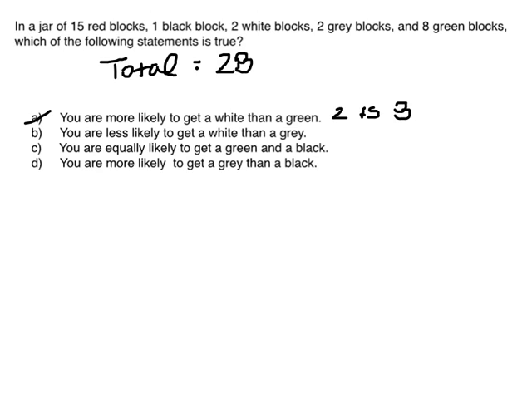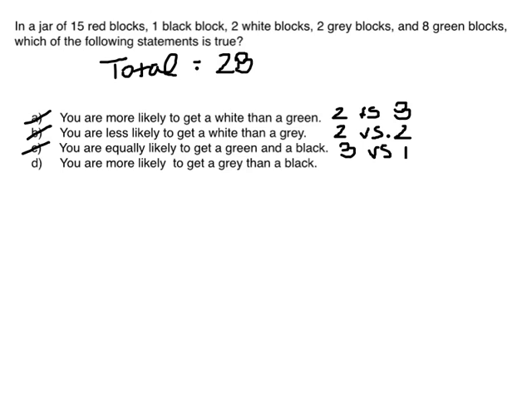White, there are 2 versus gray, there are also 2. So we are not less likely, we're equally likely. C, you are equally likely to get green and black. Green, there are 8, and black, there's only 1. So definitely not equal.